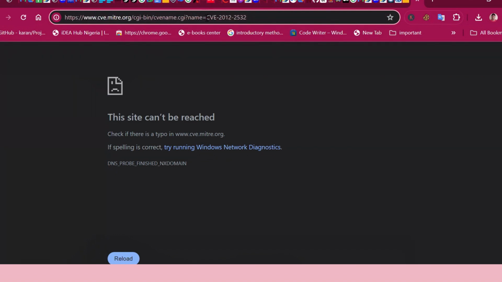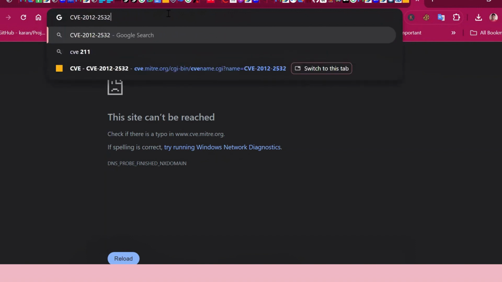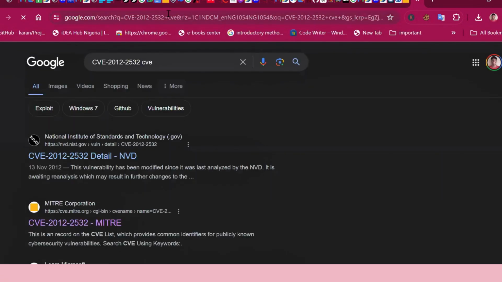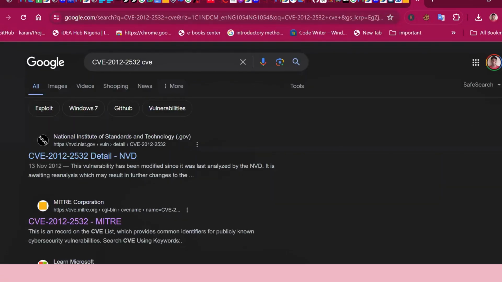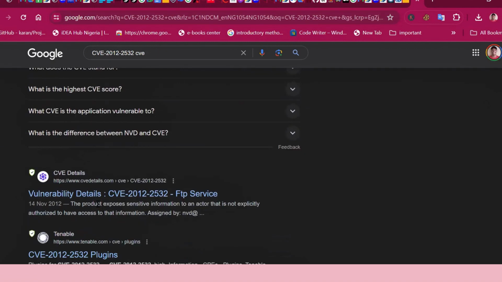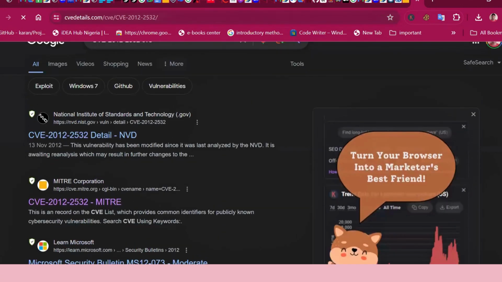Let me use another CVE site, because these are not giving us more information. There's one purple CVE website. What's the name? Is it the NVD? Yeah, I think NVD or NIST.gov. These guys also give us good details. Let me go back.